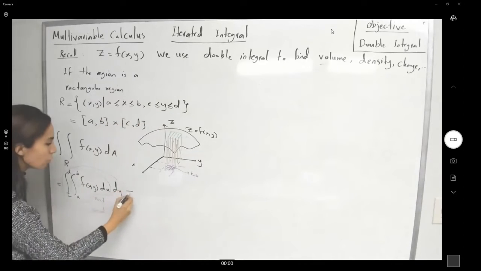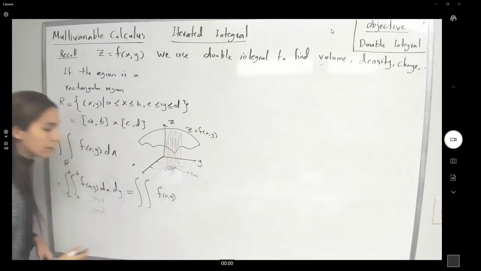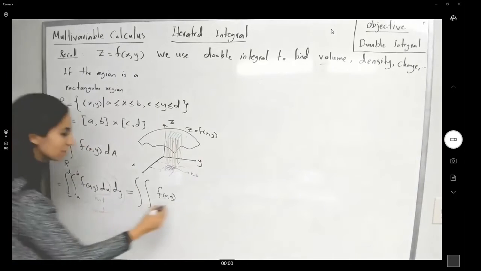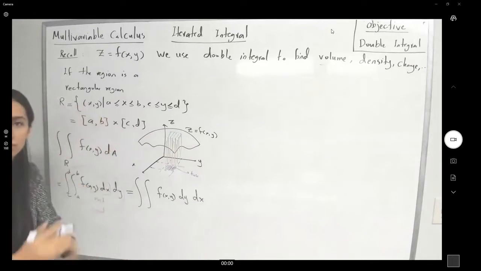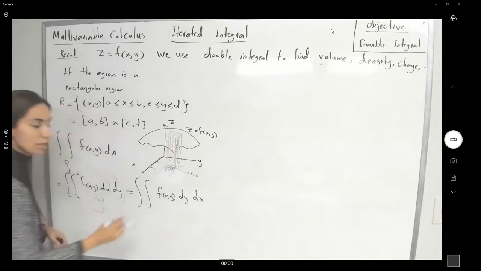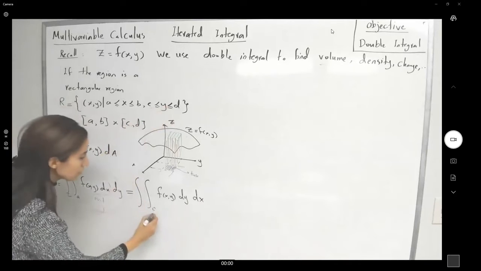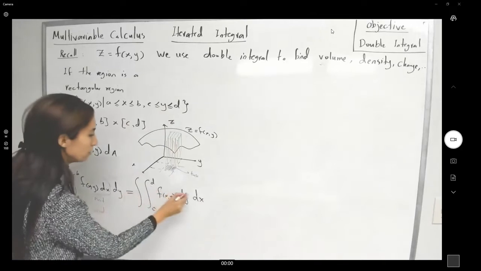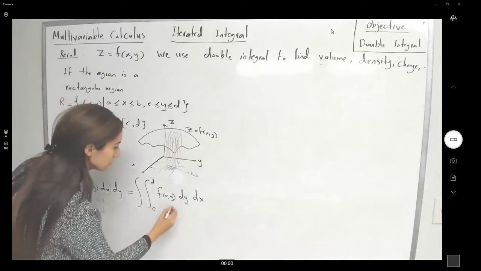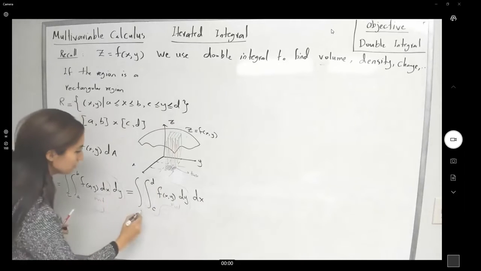So it must be equal to the double integral, again, of your height, function Z, f of X and Y. Now you can take the integral with respect to Y, then with respect to X. Since you're taking the integral with respect to Y first, Y ranges between C and D. So this is going to be your inner integral, your first integral. Then you take the second integral, with respect to x, from a to b.